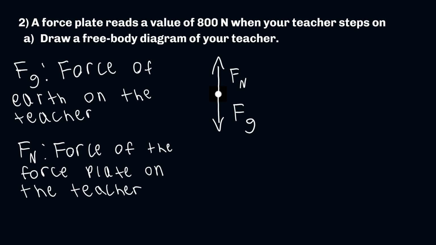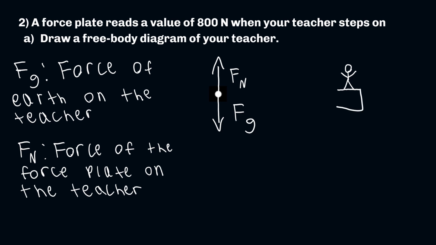All right, so it is that simple again. There is no other forces present in this situation because I'm not moving side to side. I'm just standing on a force plate. I can draw out the situation here if you'd like. So there's my force plate, and then there's me on the force plate, or should be in contact with the force plate. There we go.